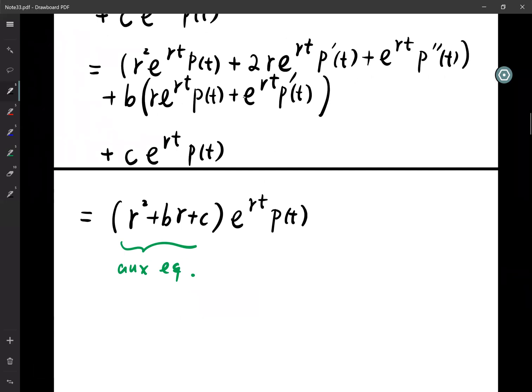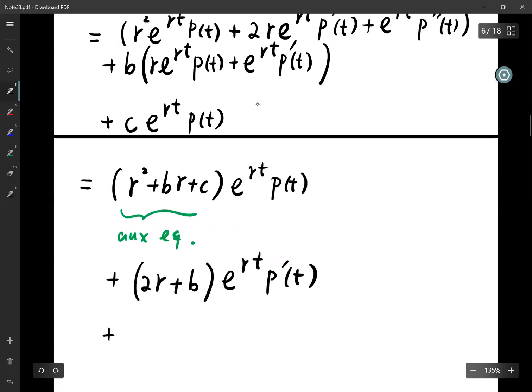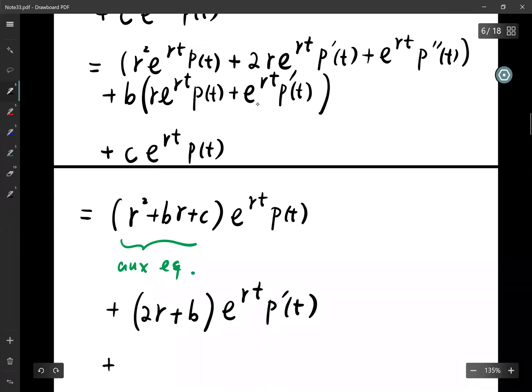Then the second term is 2r plus b. This is nothing but the derivative of the auxiliary equation, 2r plus b. And finally, I have the e^{rt} term, and this is p''(t). That's it.